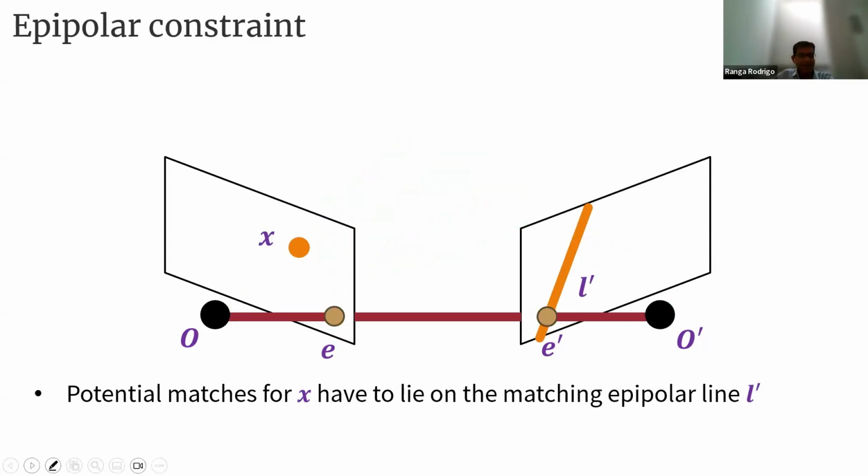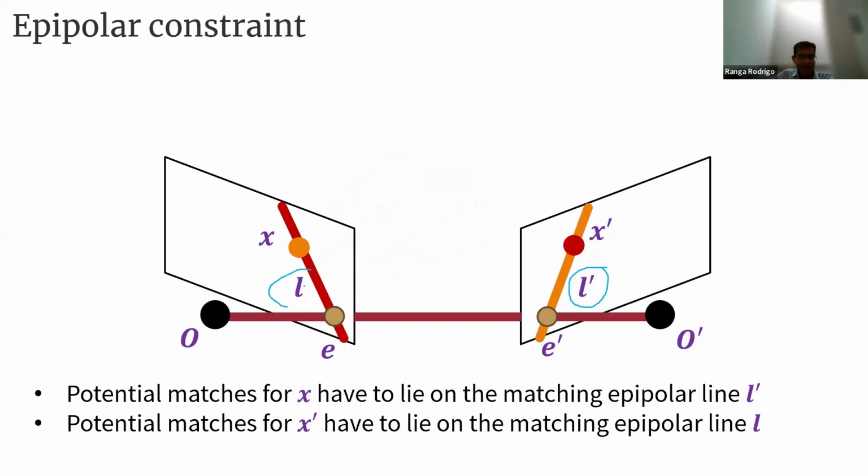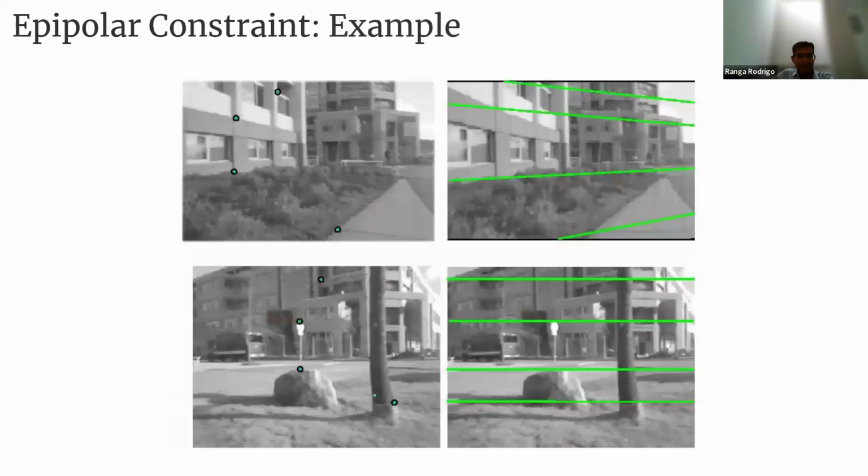We have a special symbol for that. We call it L prime, the epipolar line here. We call this L. So you can see the actual epipolar lines corresponding to this point. This point should lie on the other image anywhere along that line. Take this point. It must lie along this epipolar line. So truly, it is here, along that line.